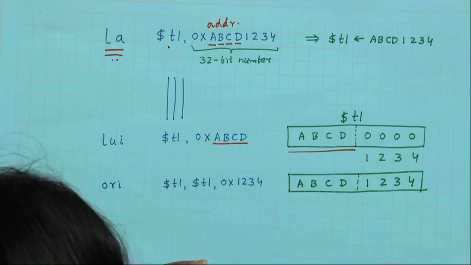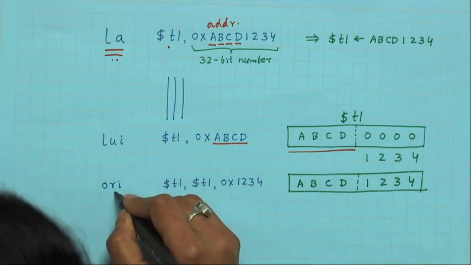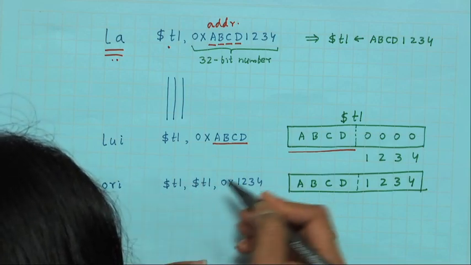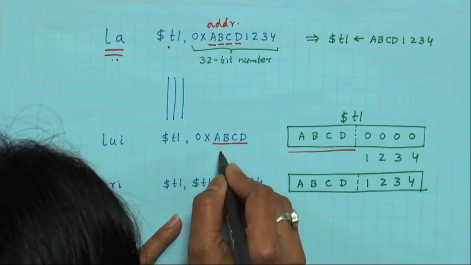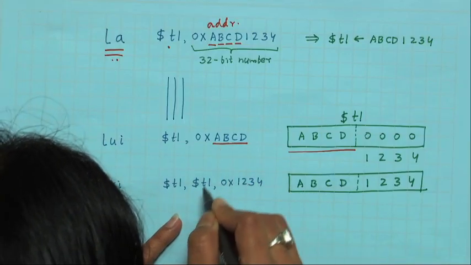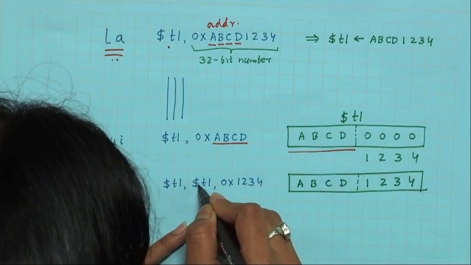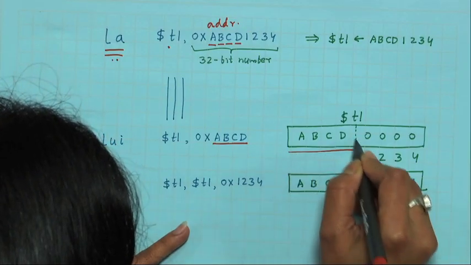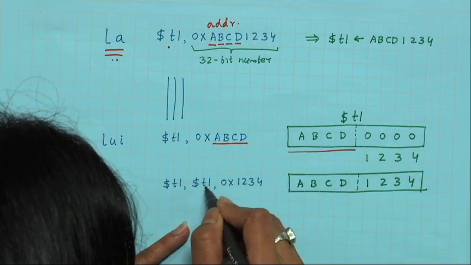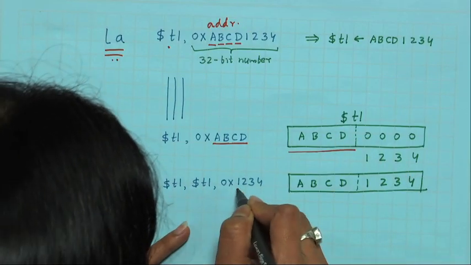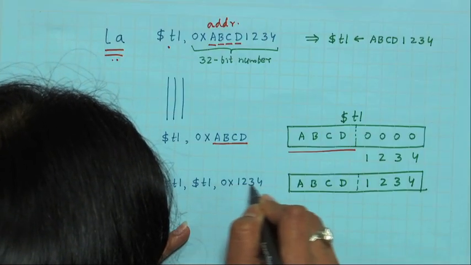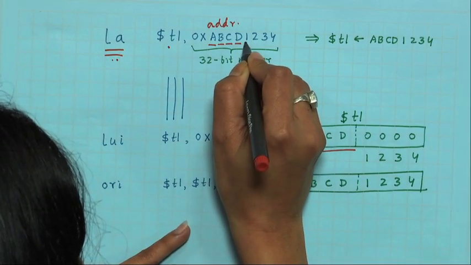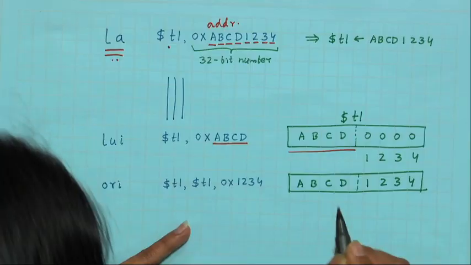Now, what will we do? We do an OR immediate that will add this and this with T1. In T1 you already have this particular value. You are doing an OR with 0x1234, that is the next 4-bit.